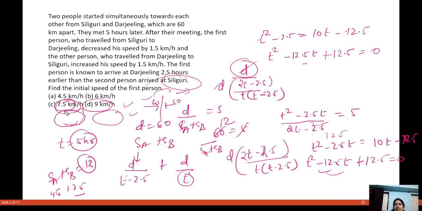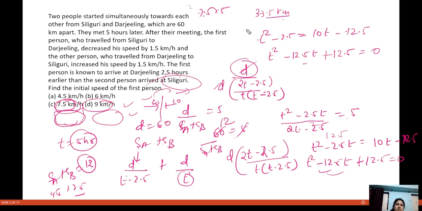Now you can obviously look at 7.5 kilometers. When this first person is traveling 7.5 kilometers, then in 5 hours this person is able to travel how much? 37.5 kilometers. 5 sevens are 35 and 2 to carry over.